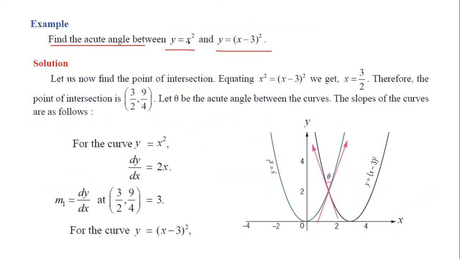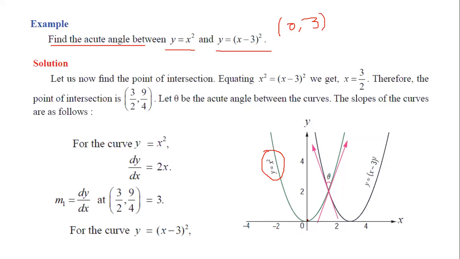Sorry, not y square equal to x square; y equal to x square is this curve. In case y square equals x, it is in a different direction. And then for y equal to x minus 3 whole square, the center is changing. 0 comma 3 is the center of the parabola.